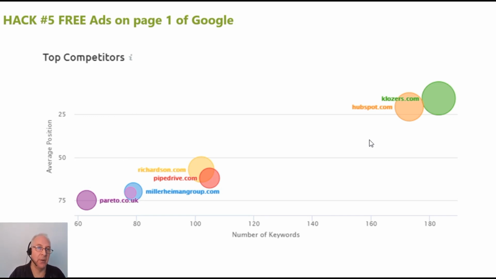And we've not stopped. I've got a backlog longer than your arm in terms of free ads that we're working on every single week to keep that clear and present distance between us and the competition.